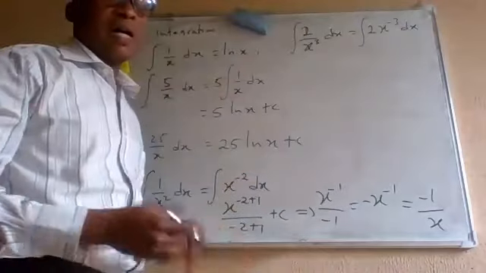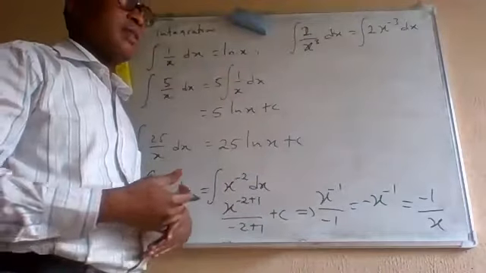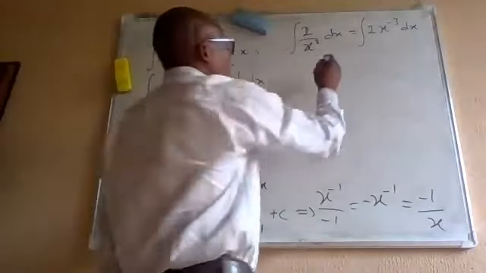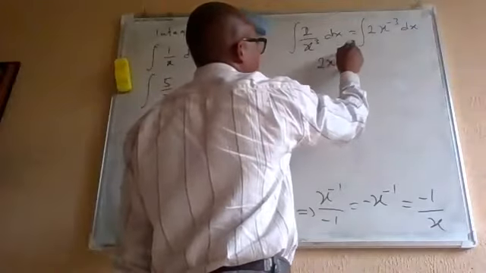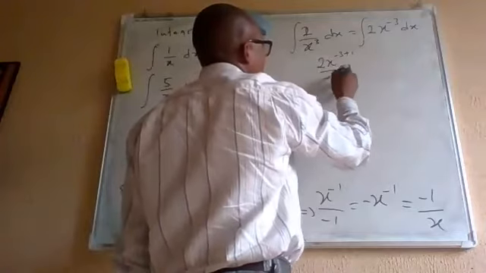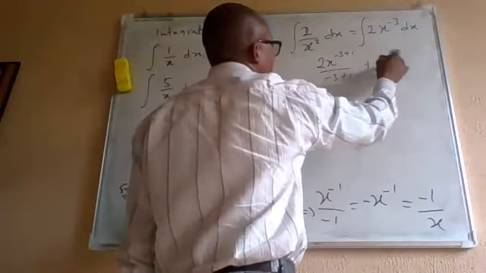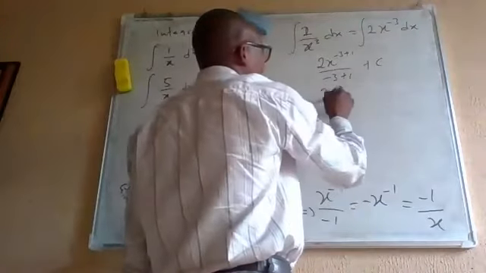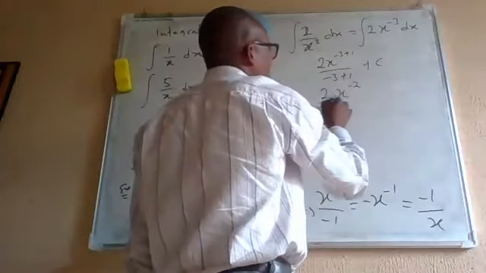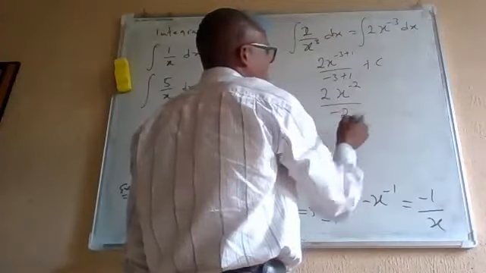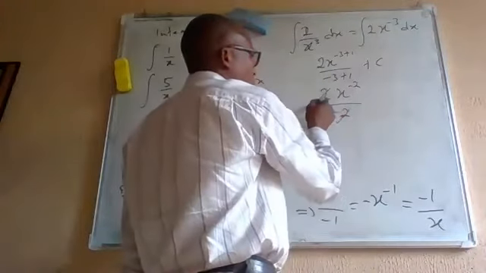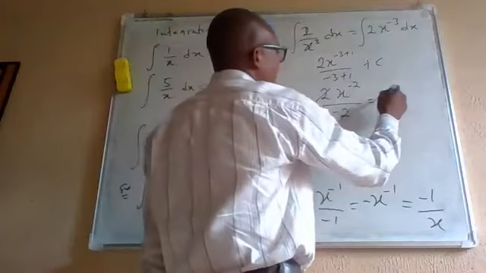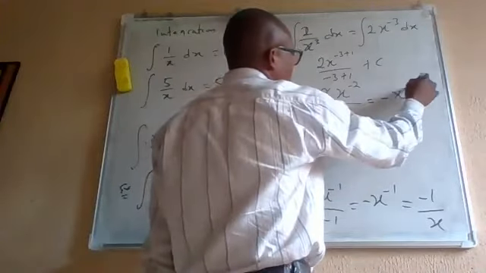So you can now apply your rule that says add 1 to the power and use it to divide it. So this will be 2s raised to power minus 3 plus 1, over minus 3 plus 1, plus c. Minus 3 plus 1 will give you minus 2. So this will be 2s raised to power minus 2 over minus 2. So this 2 here can cancel the 2 and it's up. Then I will have it as minus s raised to power minus 2.